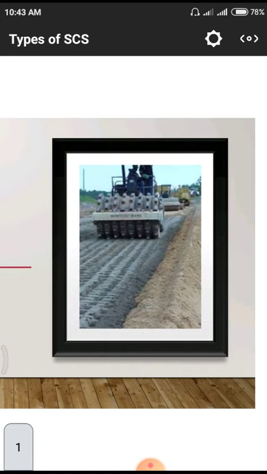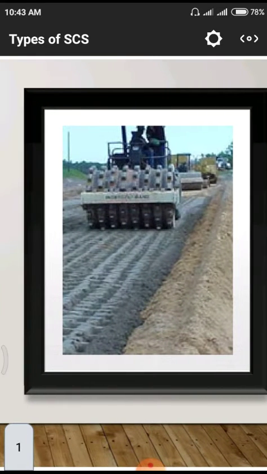Especially, we have to observe this figure, which describes how the soil will be mixed with the cement. After mixing is over, the densification is done by using sheep foot rollers.